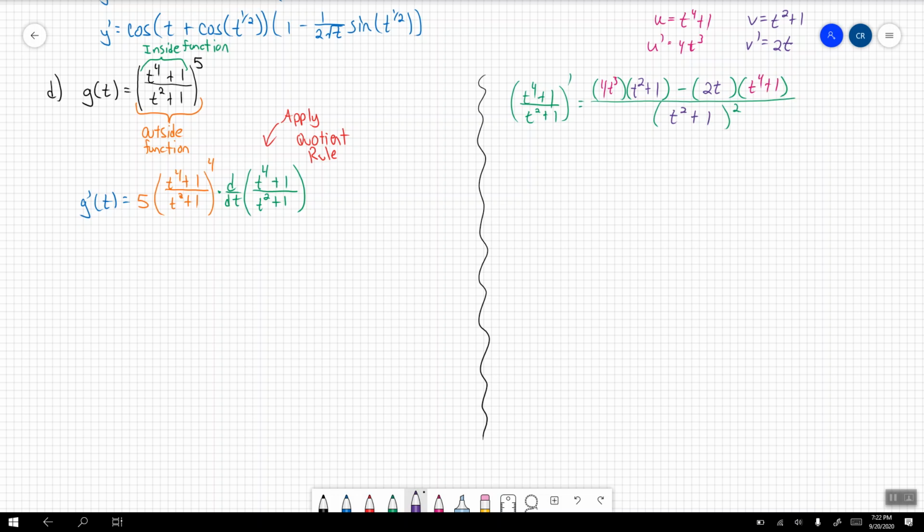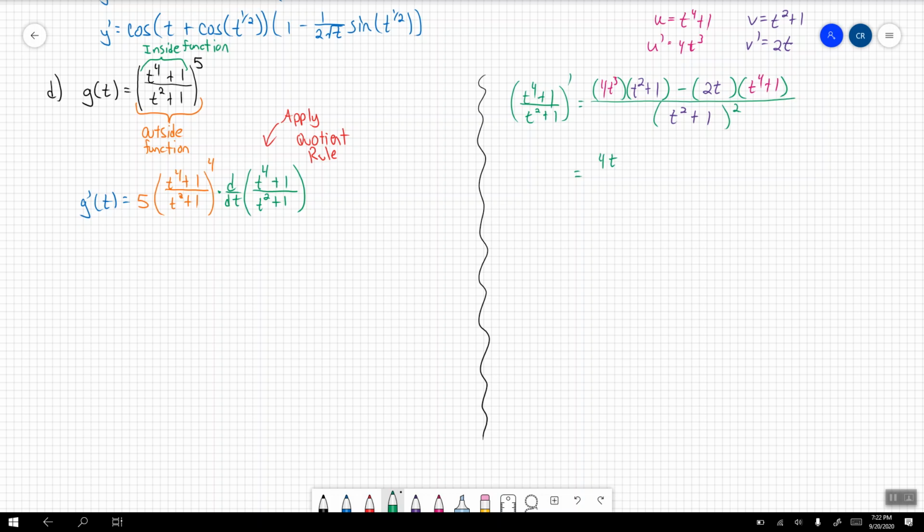Great. Now let's simplify. All right, so we're going to go through and we're going to simplify here. Remember, you want to simplify as much as possible. So if we simplify as much as possible, let's see. I believe I want to distribute here. And if I distribute, I will get 4t, and I'm trying to see if I want to distribute.